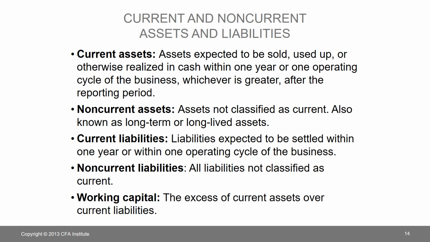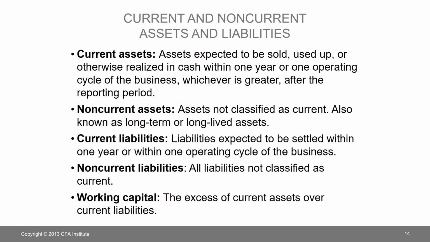Similarly, liabilities expected to be settled within 1 year or within 1 operating cycle of the business, whichever is greater, after the reporting period, are classified as current liabilities. The specific criteria for classification of a liability as current include the following. It is expected to be settled in the entity's normal operating cycle.